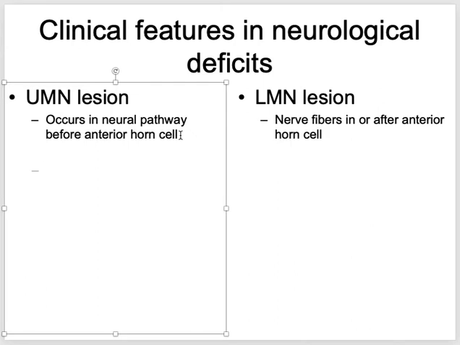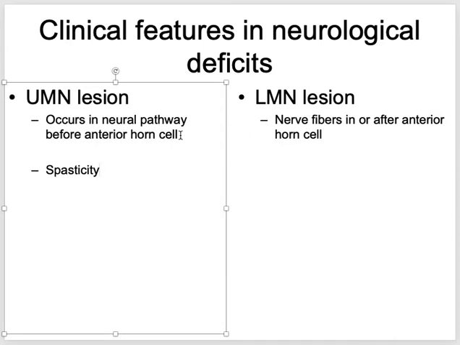Number one, whenever anyone has an upper motor neuron type of lesion in the body, that particular muscle group, when you examine it, will show spasticity. Spasticity is simply an increase in the tone of the muscles.